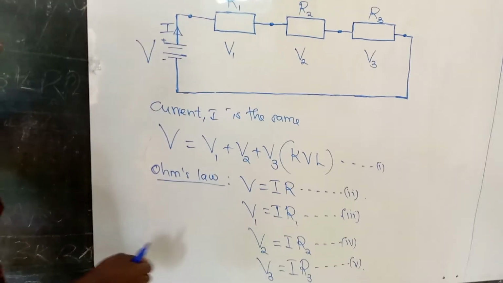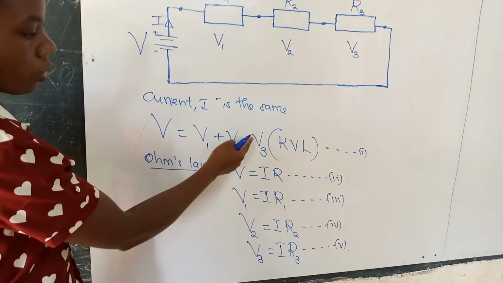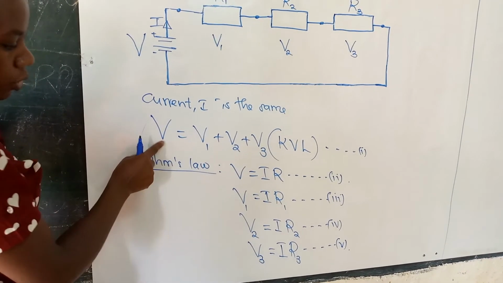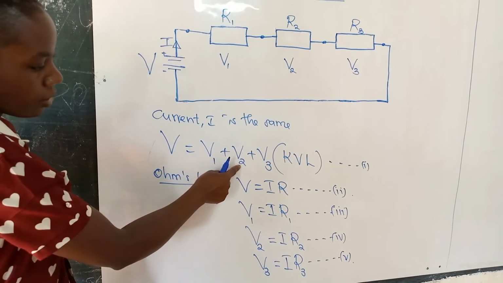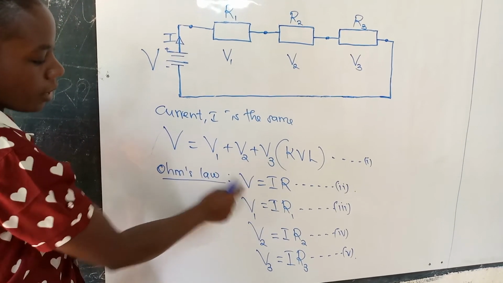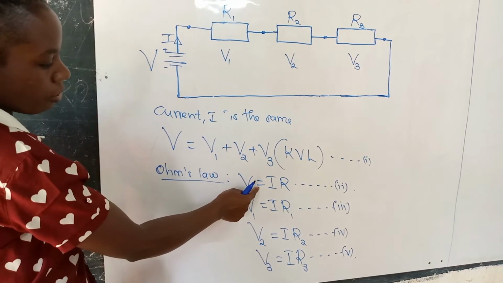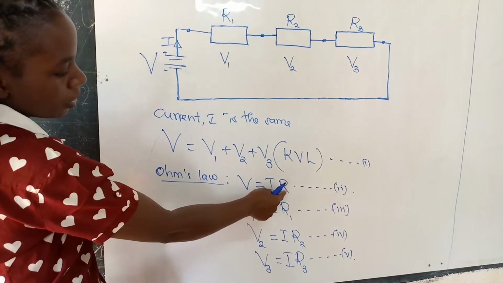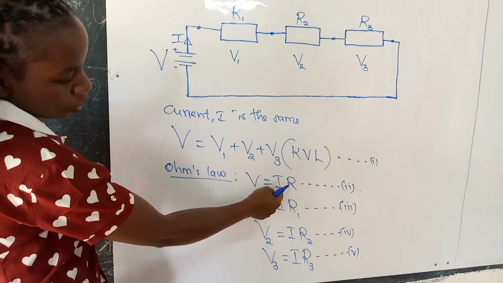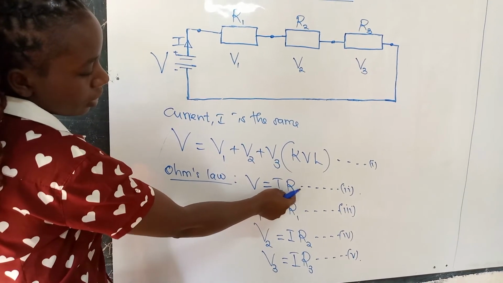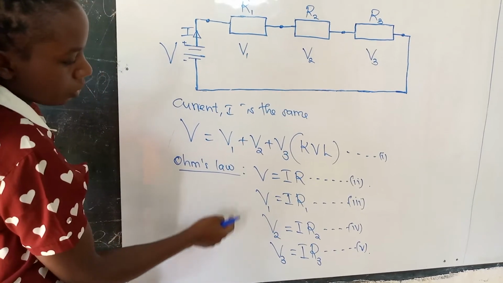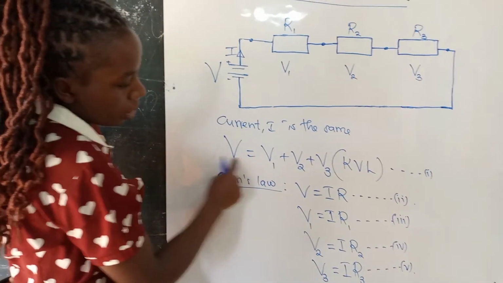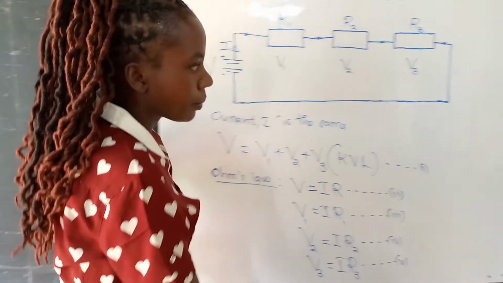Now, we are going to substitute all these equations using equation 1 and equation 2. Because you can see from this equation here, V is equal to V1 plus V2 plus V3. And the source voltage, which is V, is given as current times resistance, which is actually the source current times the circuit resistance, or the total resistance. In this case, instead of V, I'm going to write IR.